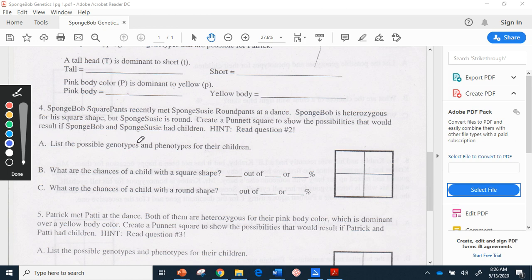So the possible genotypes and phenotypes for their children. You should still have it written down. So we had capital and lowercase, and that would give us a square, right?